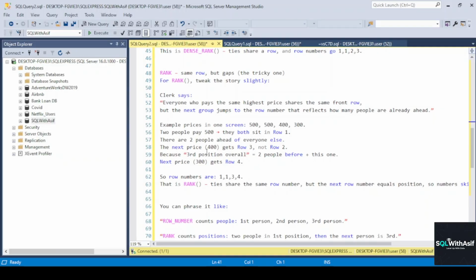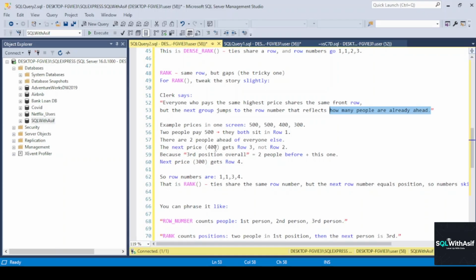The next person came, then he gives 400. Now since he has given 400, he has paid less than us, so he will not get a seat in row 1, but he will also not get a seat in row 2. Why? Because this clerk follows same row but gaps, and the gaps are in the row number. So he focuses on how many people are already ahead.